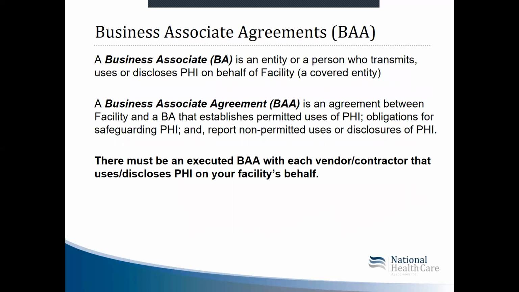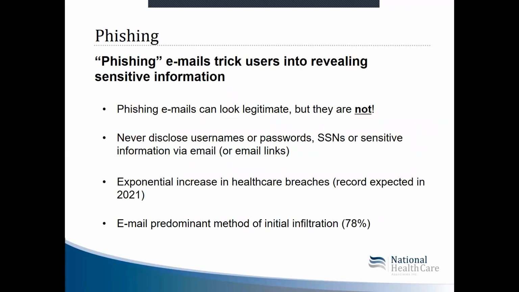A business associate agreement is an agreement between the facility and a business associate that establishes permitted uses of PHI, obligations for safeguarding PHI, and reporting non-permitted uses or disclosures of PHI. There must be an executed business associate agreement with each vendor or contractor that uses and discloses PHI on your facility's behalf.